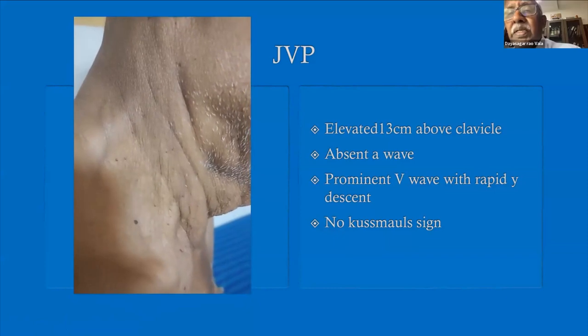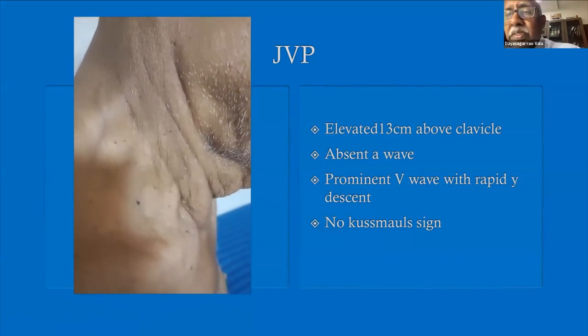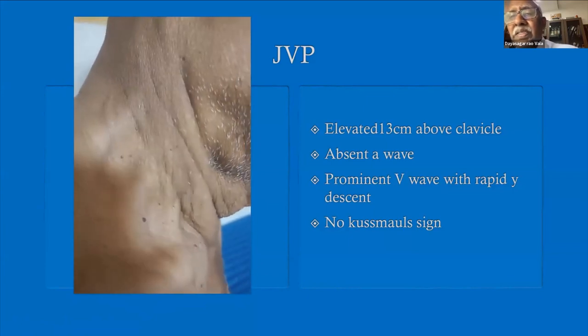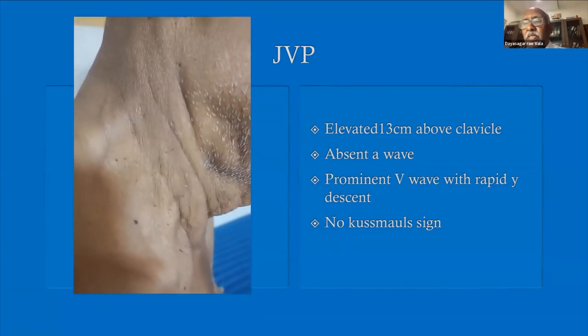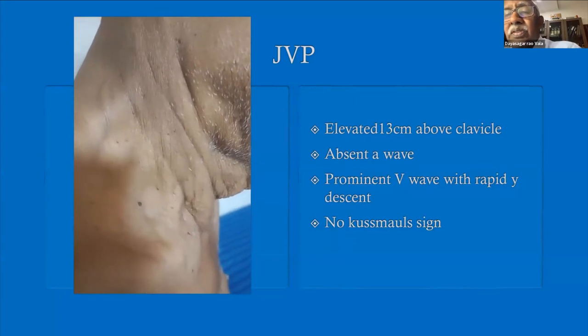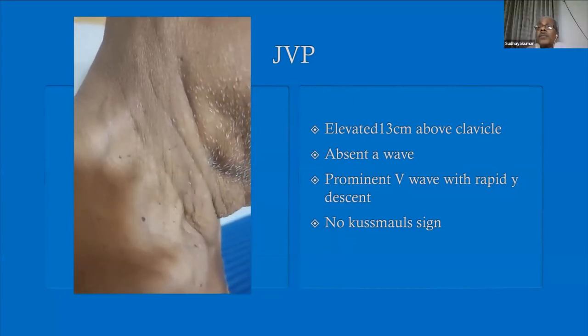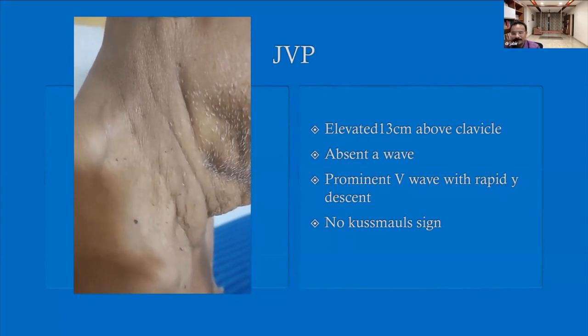In a patient like this, with valvular heart disease suspected, what is more obvious is a rapid Y descent here. So what does that exclude?